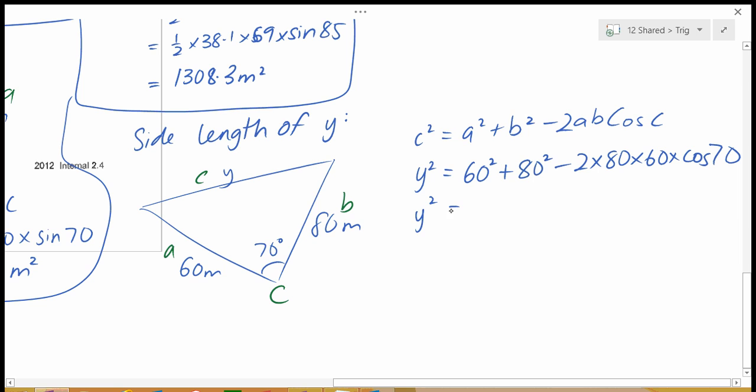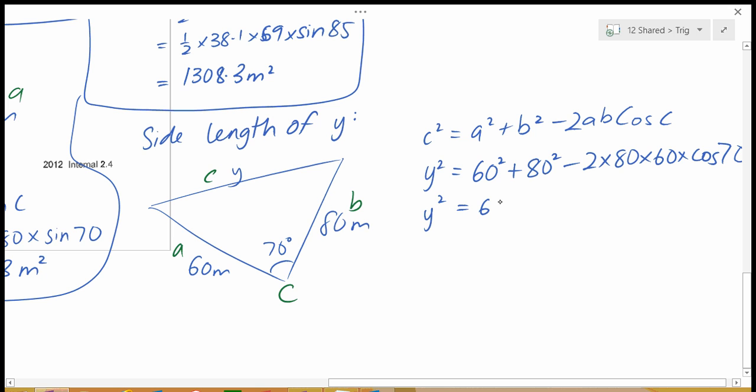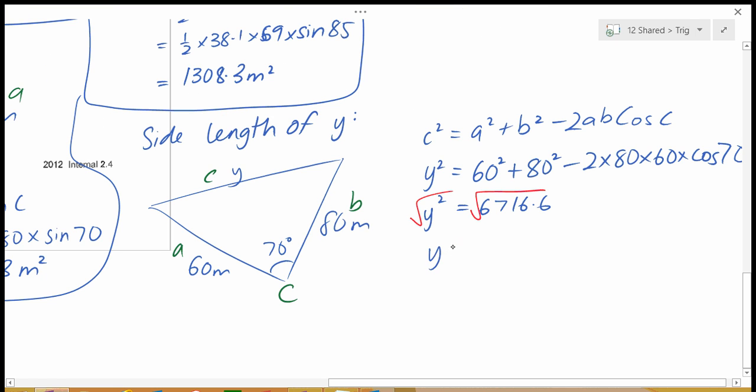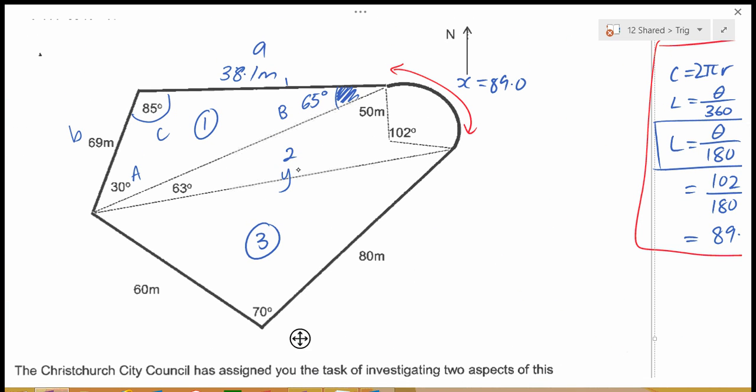Alright, putting that all into our calculator, we get 6716.6, and so now we need to take the square root of both sides, and that means that Y is 82.0 meters. So I'll write that on my diagram now. So that's 82.0 meters. So now I want to find this side, so I'll call that side Z.